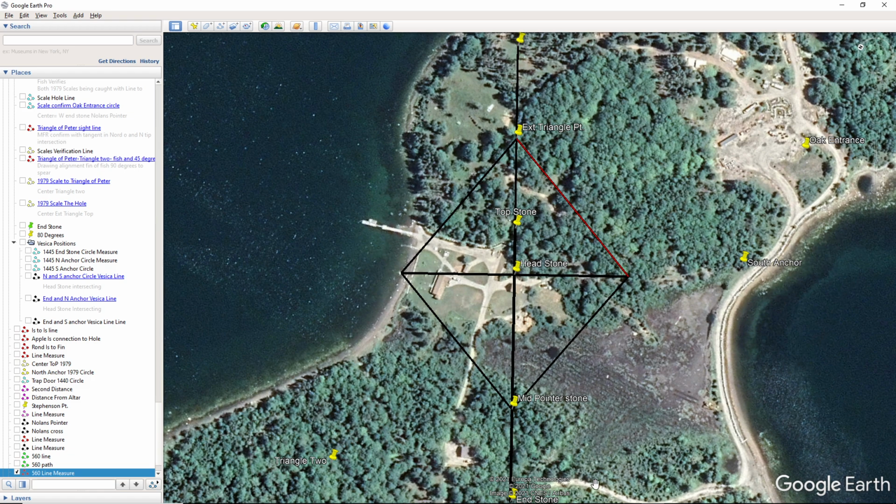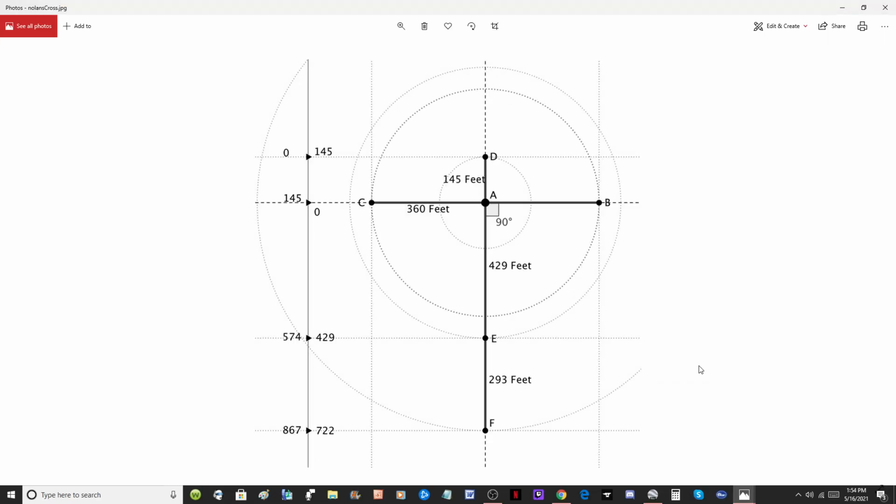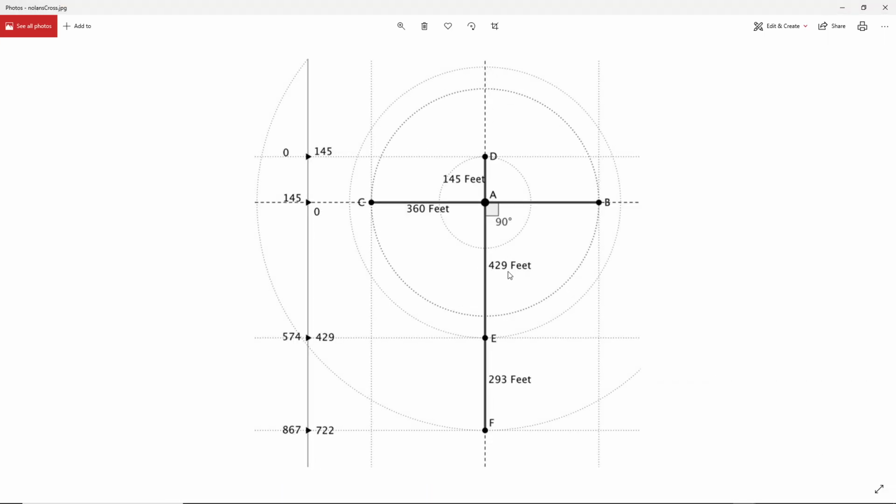Now, another thing that I want to show you is, I've been saying this is 430 feet and this is 290 feet. When we talk about these measurements that we're looking at, how did they get these measurements? It seems to me that they would be out measuring them to get down to 429 and 293.